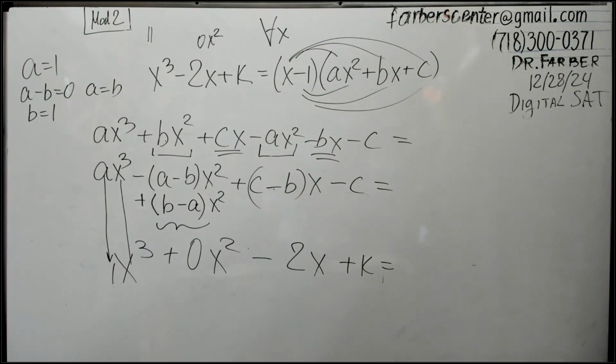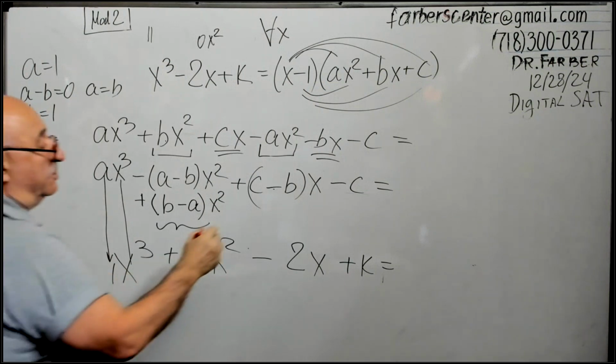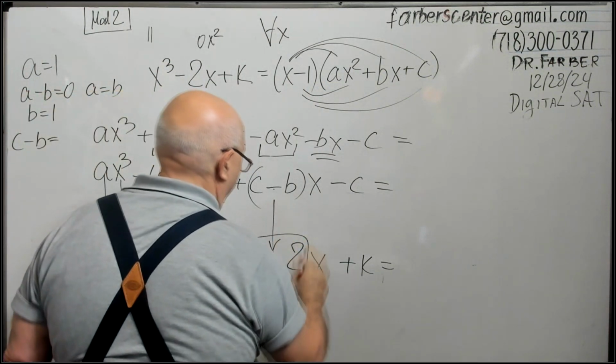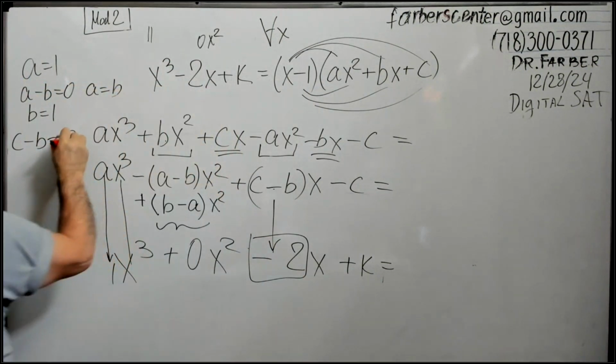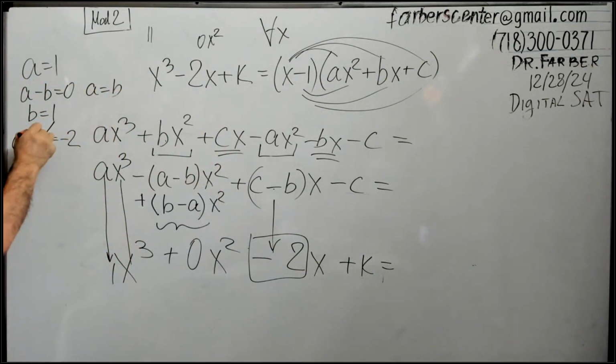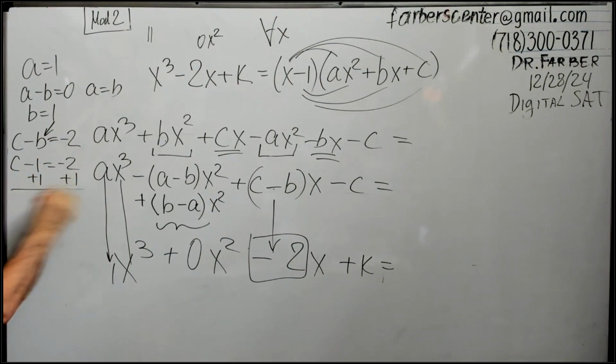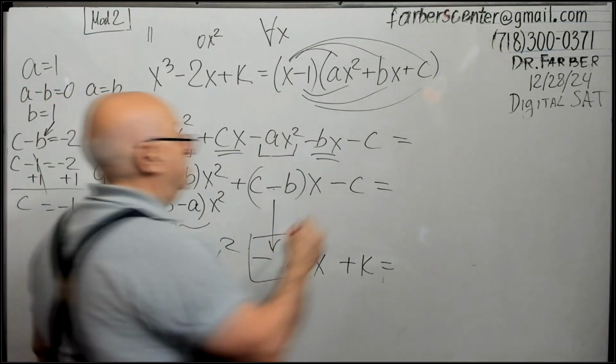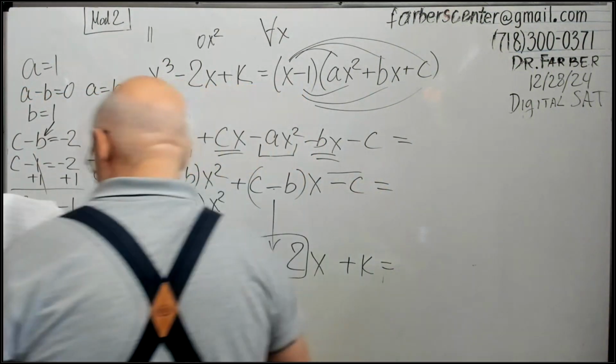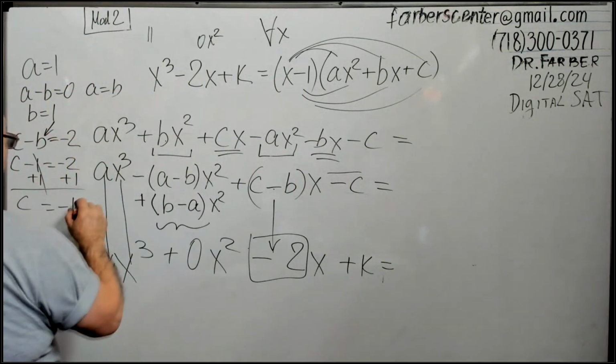Now c minus b equals negative 2. So far so good. But since b equals 1, you have c minus 1 equals negative 2. Plus 1 and plus 1. c equals negative 1. And finally, they ask you to find c, and we found c equals negative 1.